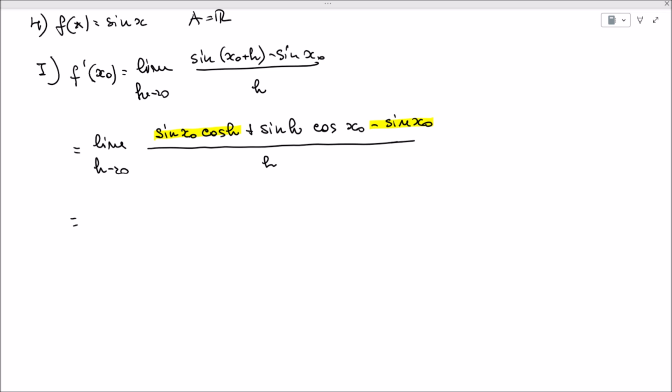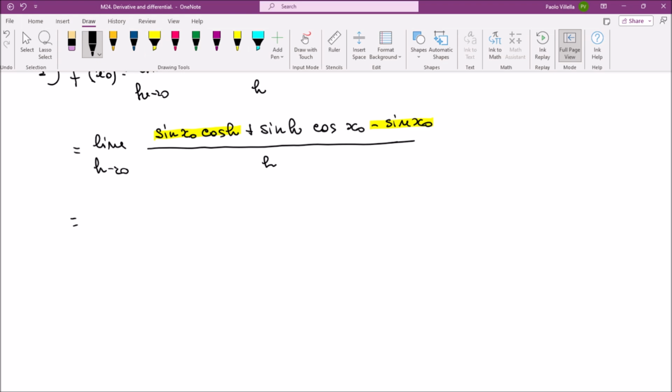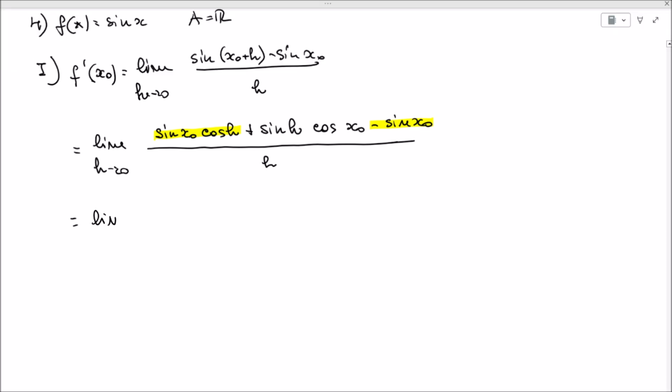If we factor out sine of x naught, that multiplies cosine of h minus 1 divided by h, plus the limit as h goes to 0.